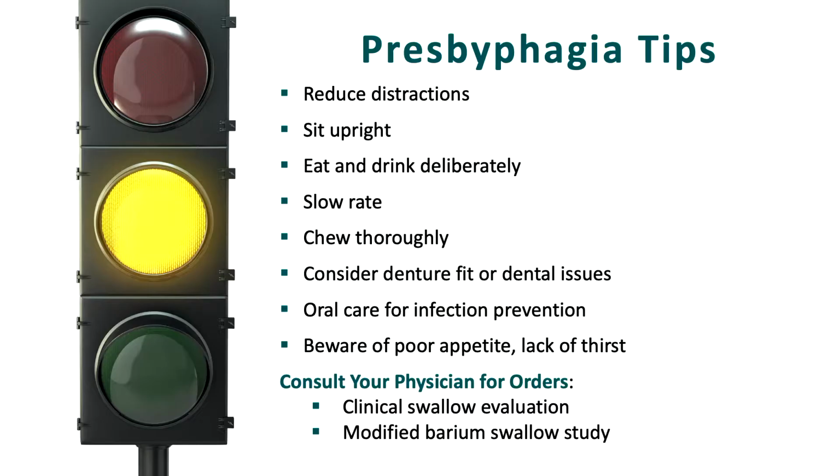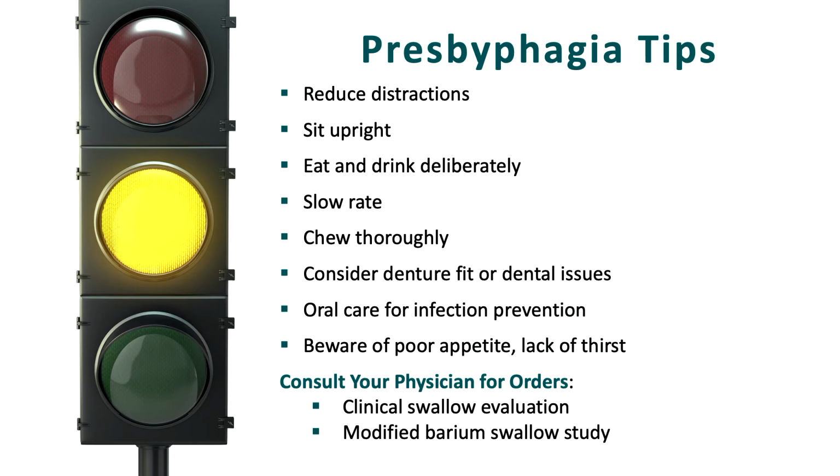So a few things that we can do for presbyphagia, the aging swallow. Really simple stuff that you can do at home: reducing distractions. Sitting upright, making sure you're in a chair at a table versus reclined in a Lazy Boy or even laying down in bed.